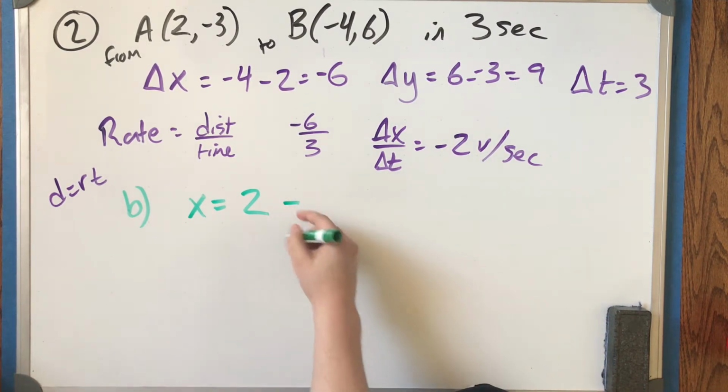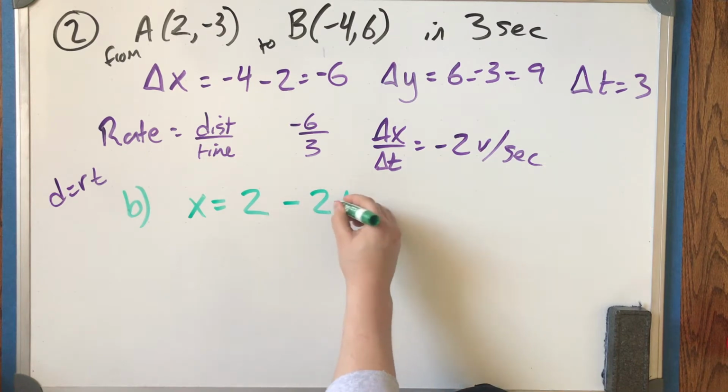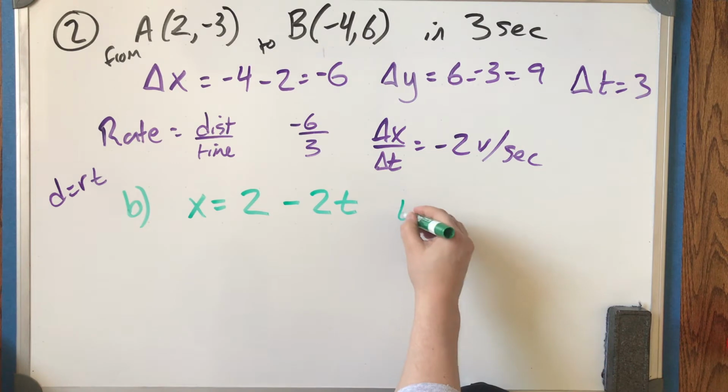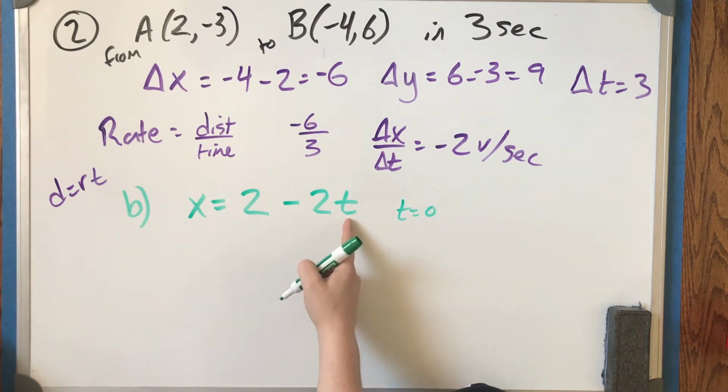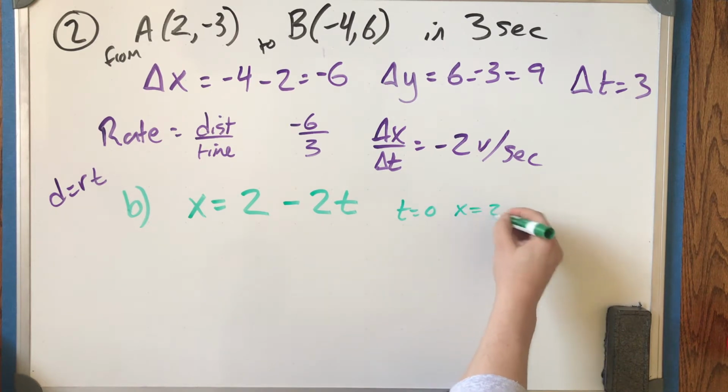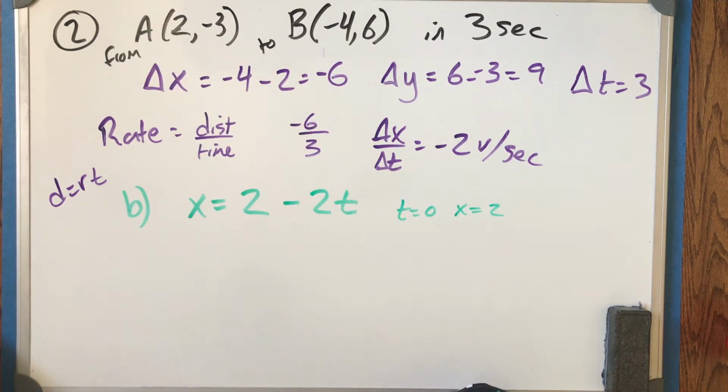So I can write this as 2 - 2t. Let's make sure that this works. If t equals 0 and we plug it into this equation, I get 2 minus 2 times 0, so x equals 2, which is what we wanted.